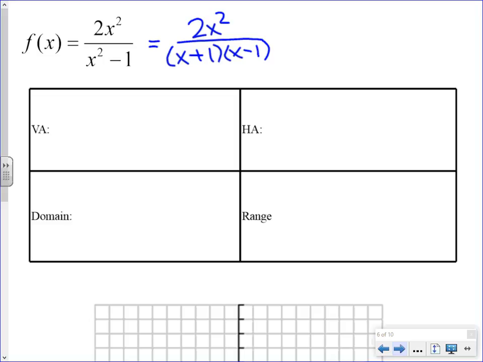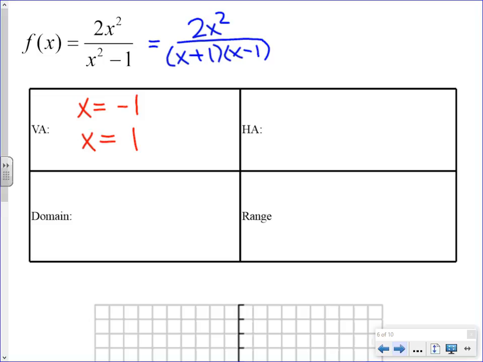Okay? Connor, I'm going to come back to you. Where is the denominator 0? At -1 and +1. So we have vertical asymptotes at x equals -1 and x equals +1. Notice how I'm emphasizing x equals and x equals. They are lines.